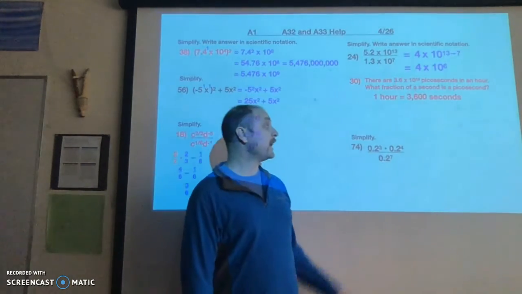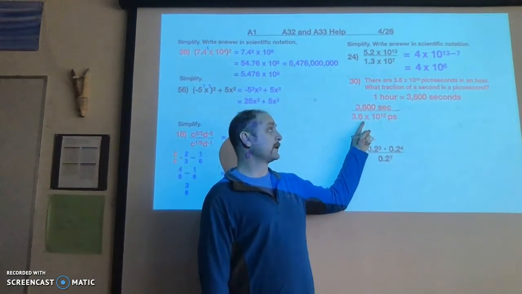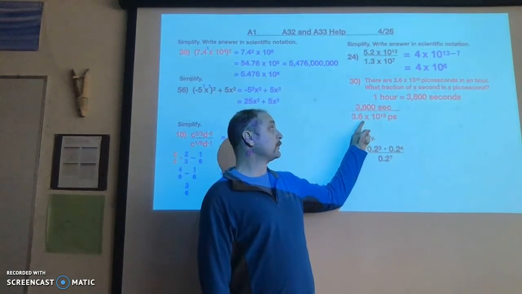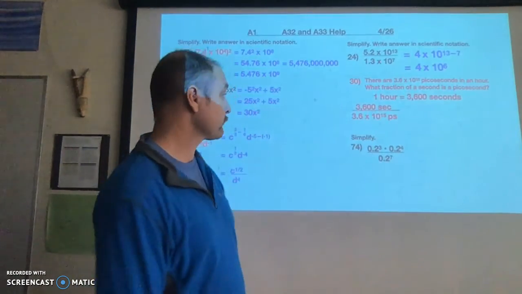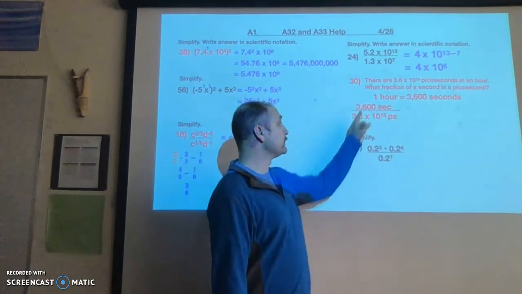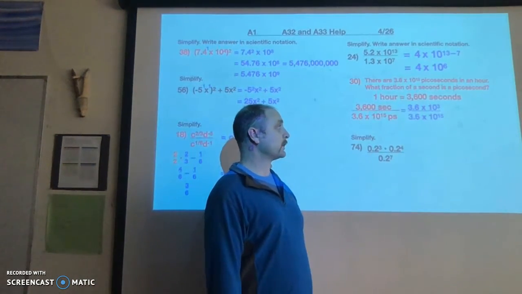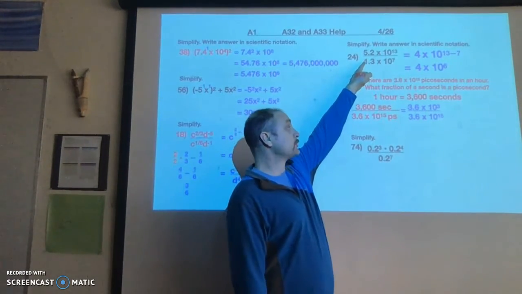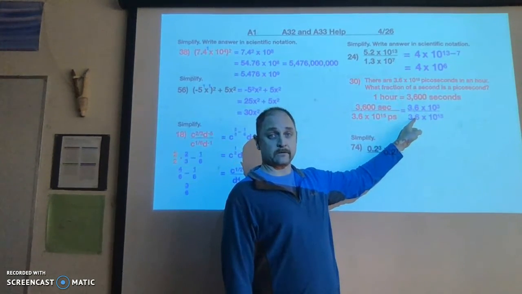All right, then we want to divide that by picoseconds. So it's going to look like this. Now, I thought it might be helpful if we turned 3,600 into scientific notation. So that would be 3.6 times 10 to the 3rd. So it's going to look like that. Now, just like we did up here in number 24, we're going to do 3.6 divided by 3.6, which, anything divided by itself is 1.